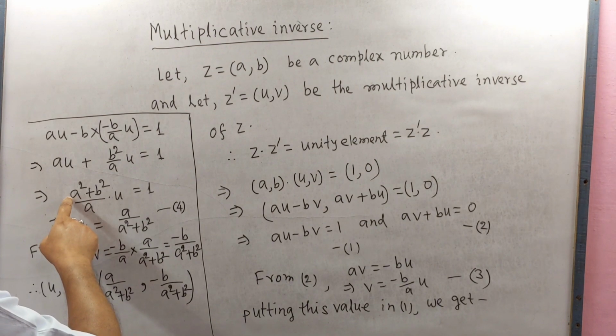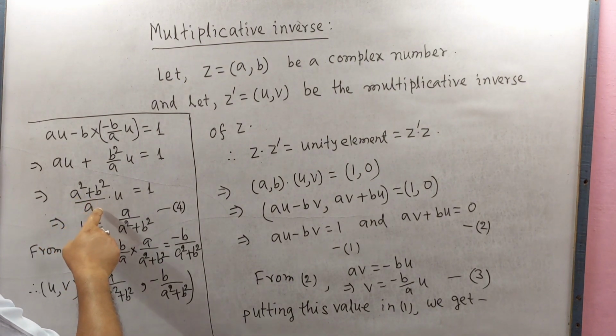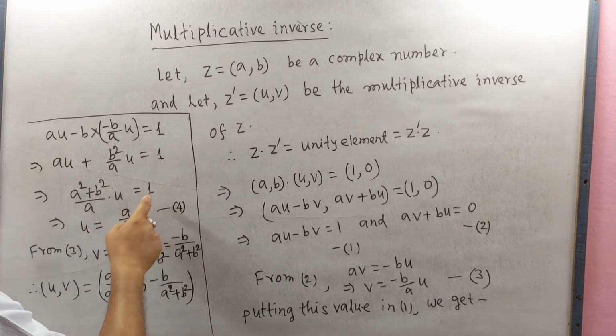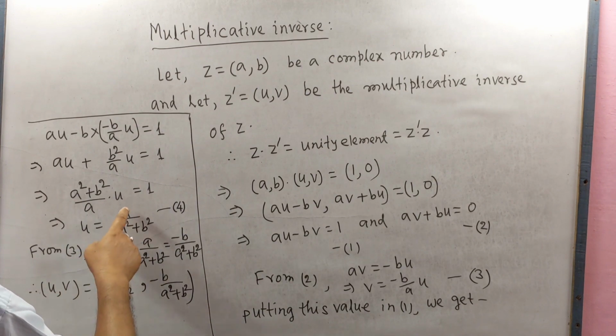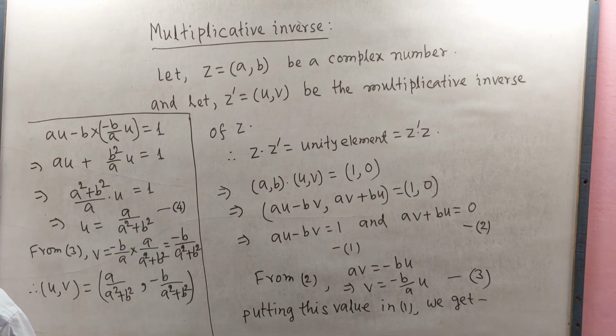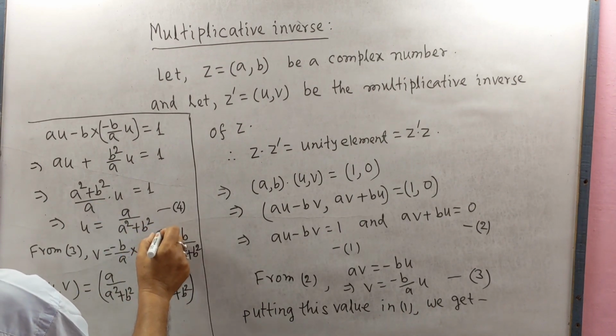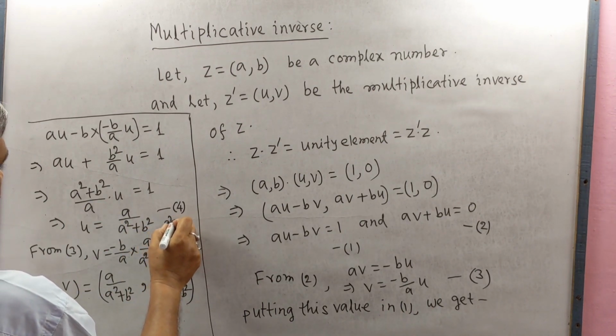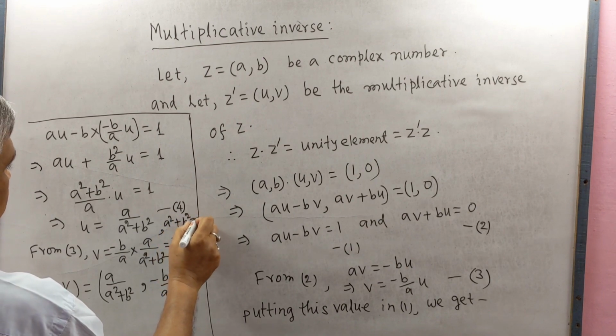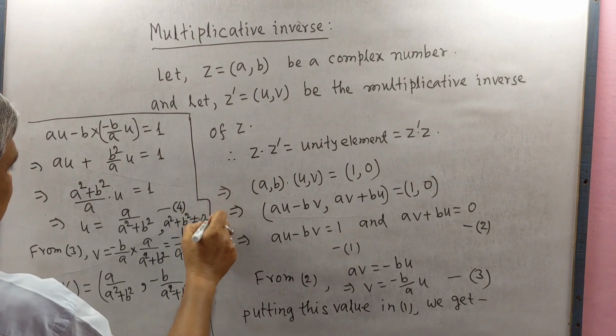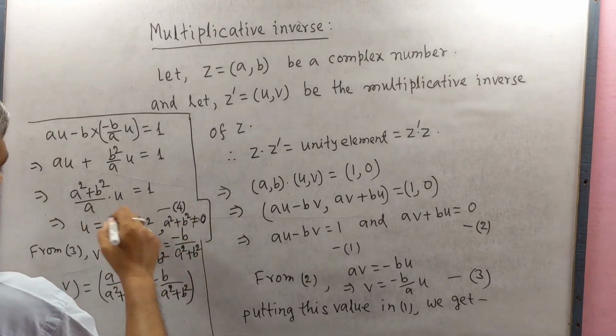This means A square plus B square by A into U equals 1. So U equals A by A square plus B square. Here the condition must be that A square plus B square is not equal to 0, because it has been divided.